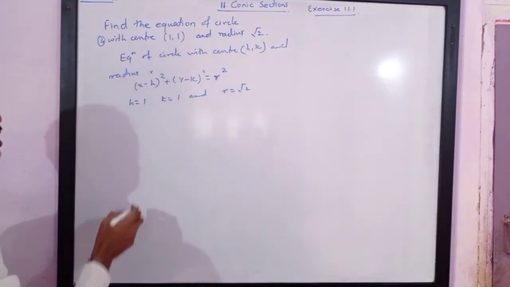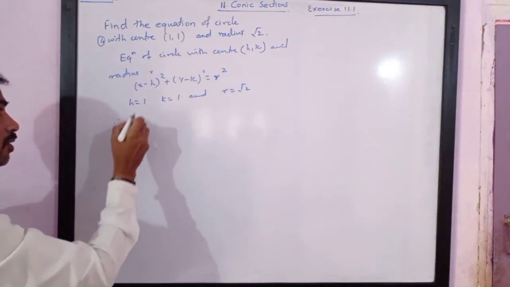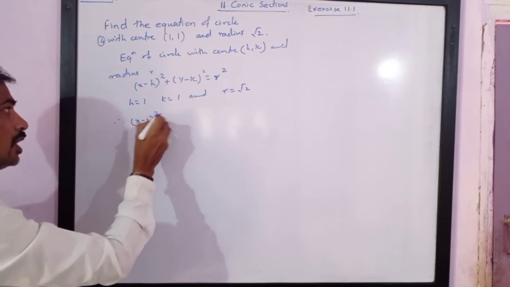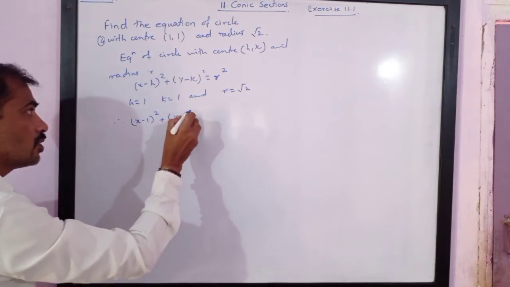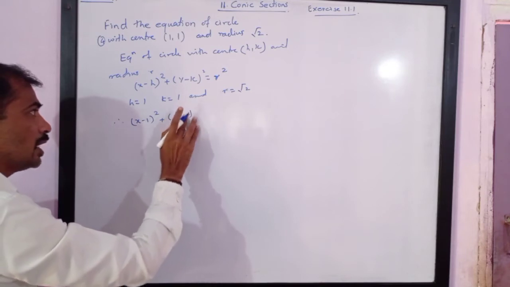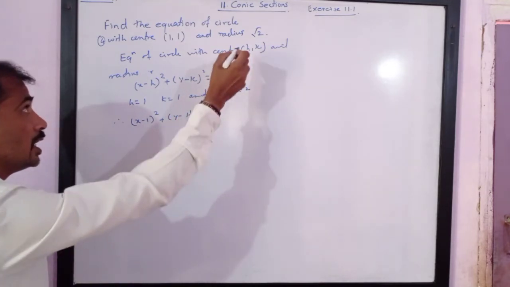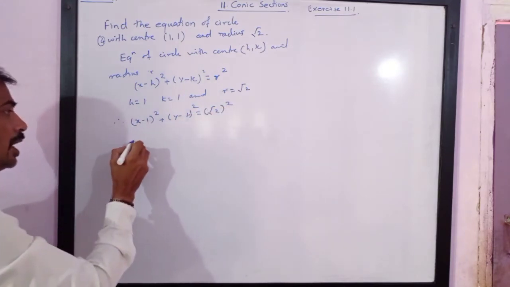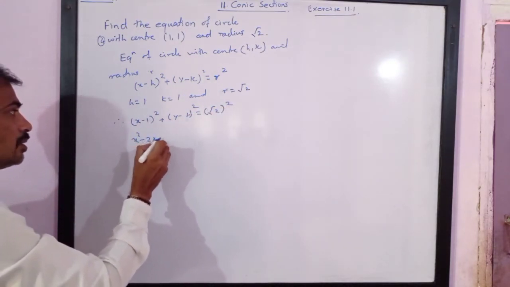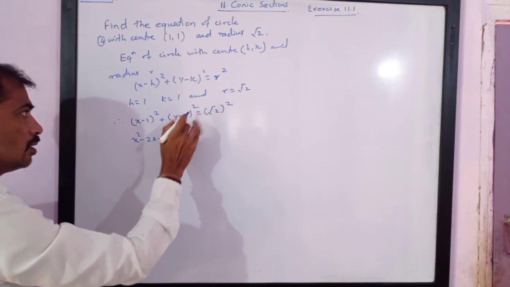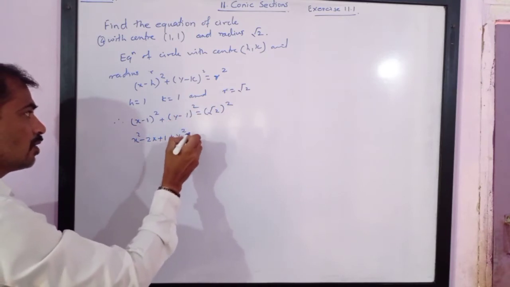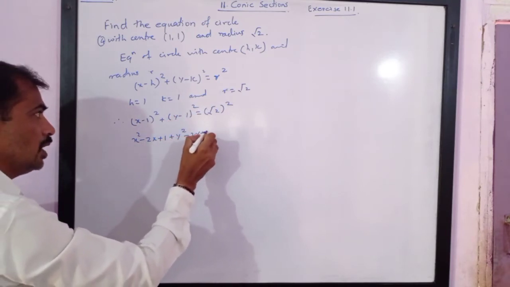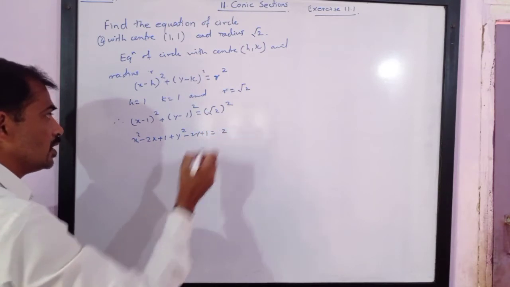So it means the equation of circle becomes x minus 1 bracket square plus y minus 1 bracket square is equal to root 2 square. So this will be x square minus 2x plus 1, plus y square minus 2y plus 1 is equal to root 2 square is 2.